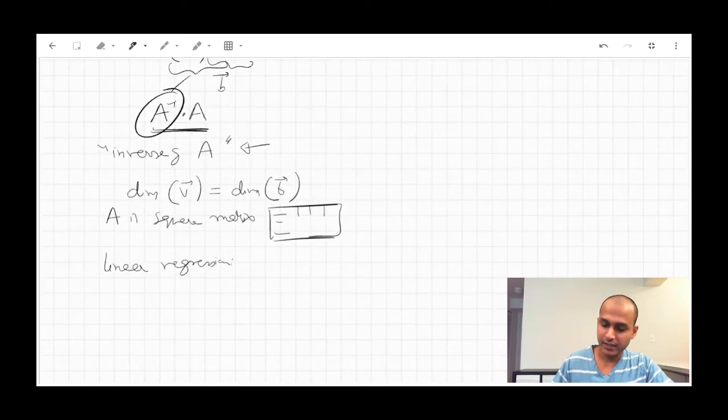So in linear regression, let's say you have data. Here I have the data, where each row represents an observation. For example, remember we had age, education, and other feature values for each observation. Maybe we collected 100 of them.